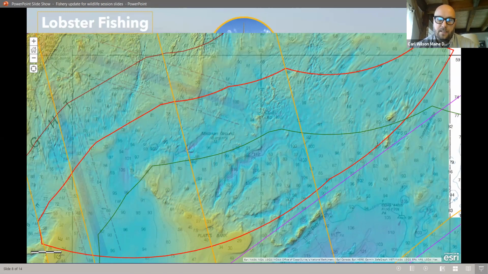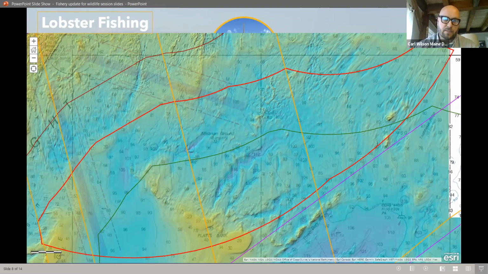If we were to site this in an area that has structure or really defined edges, that's also going to create conflicts with the lobster fishery. And there are portions deeper than 90 fathoms that are fished occasionally by the lobster fishery, but it may only be on a seasonal basis.